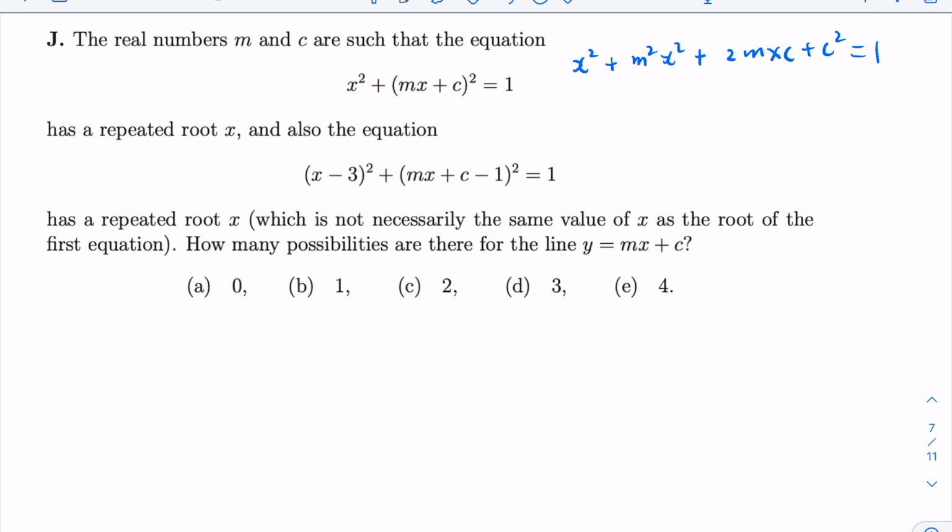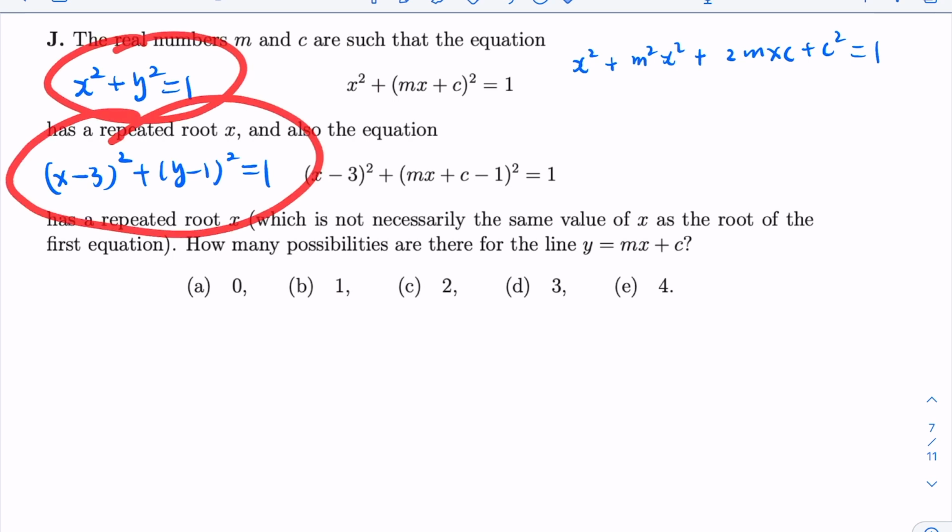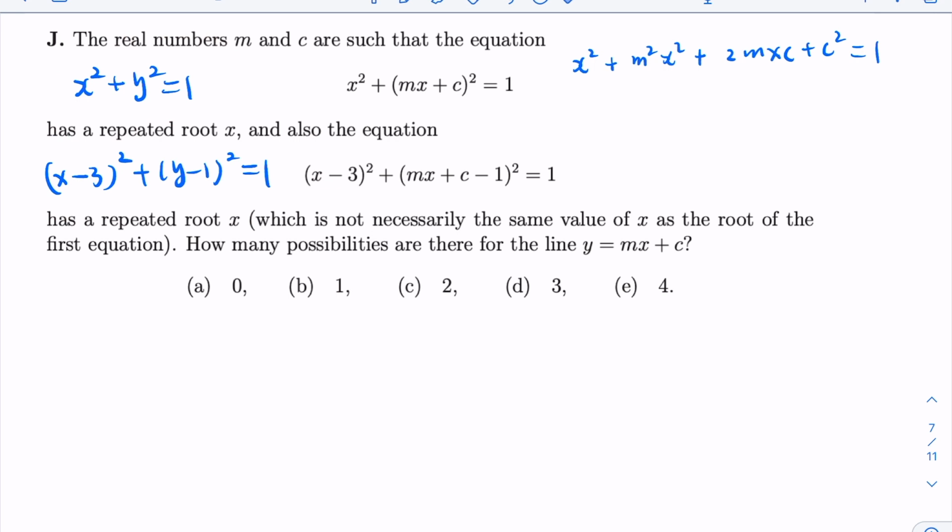So let's assume I rewrite this to be an equation x squared plus y squared equal to 1. And we write the second one as x minus 3 squared plus y minus 1 squared equal to 1. So forget about what they're saying here. Now I give you a new problem. I have two equations here. You immediately know that they represent two circles.